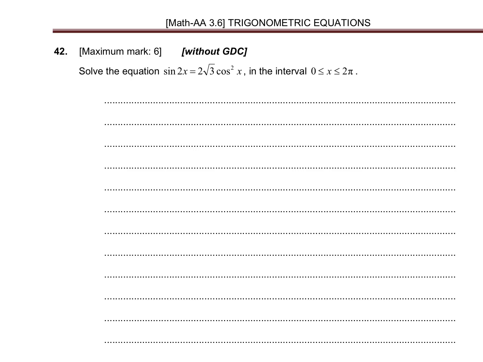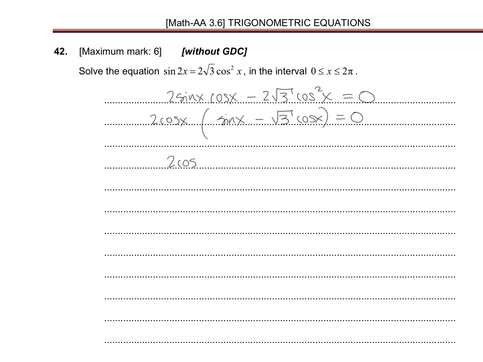All right, this one we have to do some identities. So we have 2 sine x cosine x, and let's subtract 2 root 3 cosine squared x equal to 0. Now we can factor out at least a 2 cosine x, and that's going to be sine x minus root 3 cosine x.